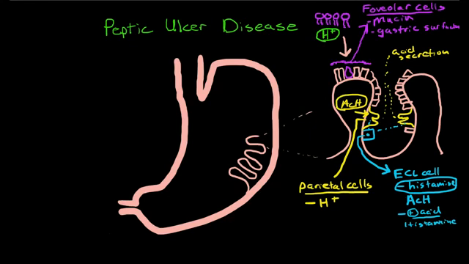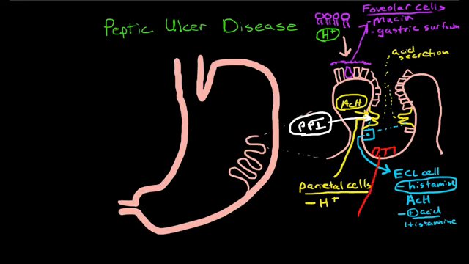Now, if you give someone a PPI, a proton pump inhibitor, a proton pump is the mechanism by which the parietal cells produce their hydrogen ions and secrete acid. So a proton pump inhibitor is a much more powerful drug at preventing acid secretion because it's not just dependent on one pathway. Now our columnar epithelium continues all the way down to the bottom, and at the bottom of the pit we find what are called chief cells.